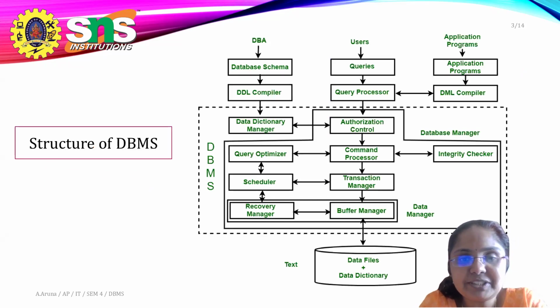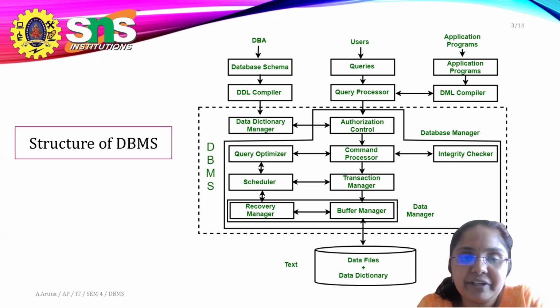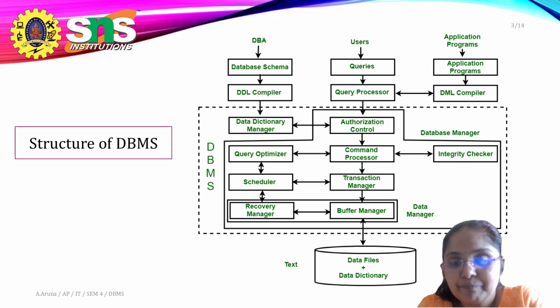So next we're going to see the structure of a database system. Here there are 3 types of users available: the database administrator, user, and the application. The administrator only is going to generate a schema. Schema can be compiled by the DDL compiler. The user can send a query.